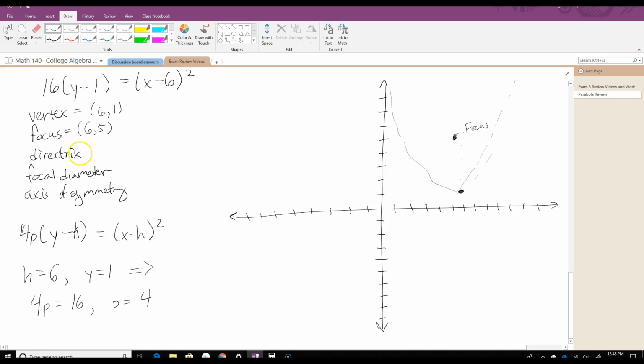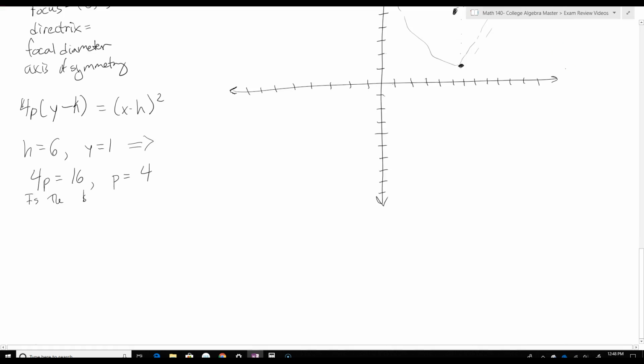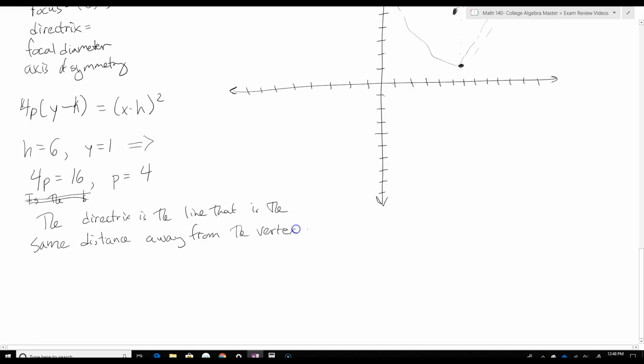My directrix, by definition, is the line that is the same distance away from the vertex as the focus, but in the opposite direction.